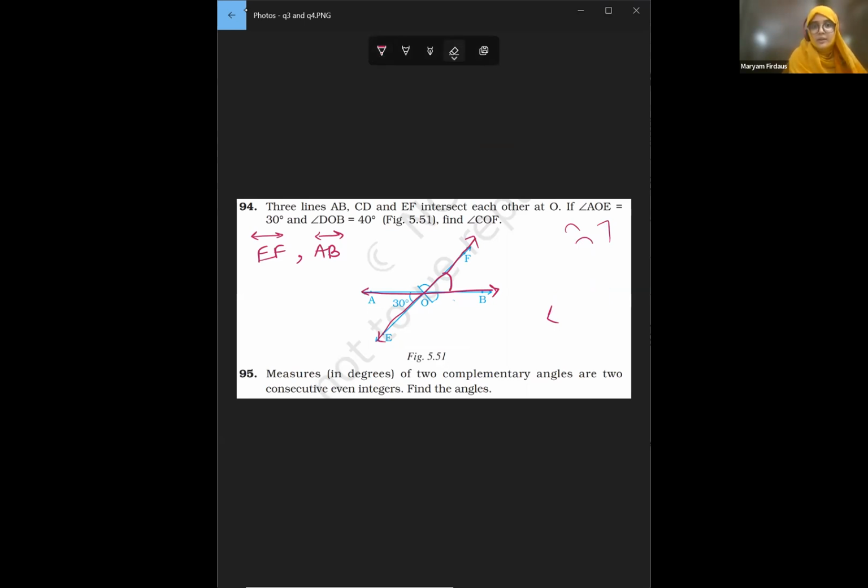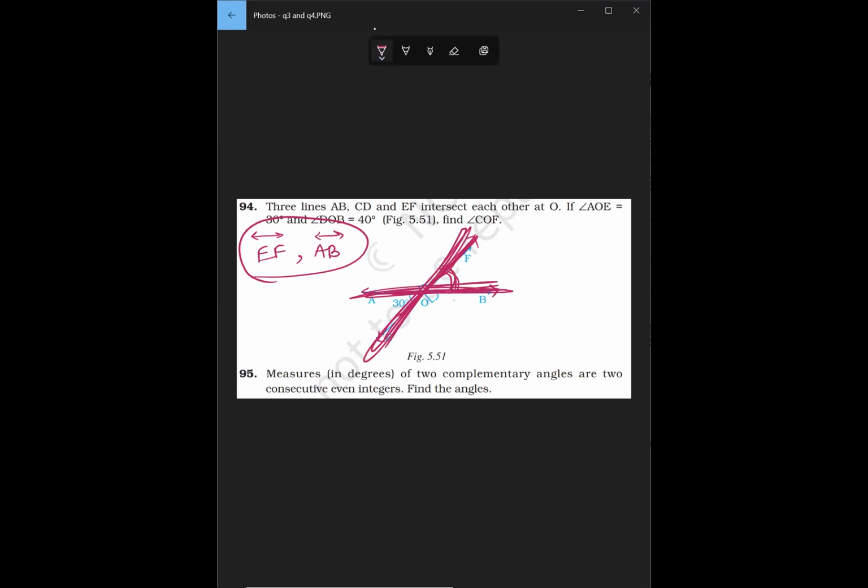Like over here. What was your question? My question was, which is the other angle that is being formed by these two lines? EF, look at it, this line EF and the line AB. They are forming this angle also, right? AOB and EOF.